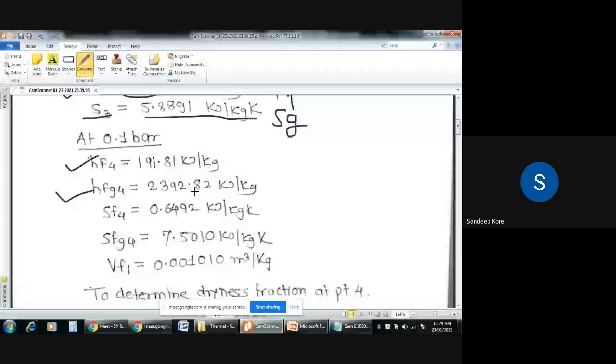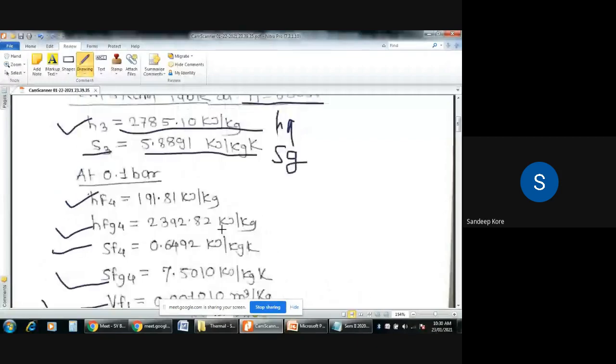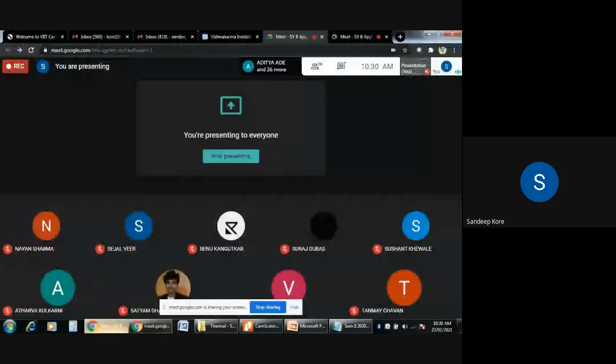Hfg, the latent heat of the working medium, is 2392 kilojoule per kg. Sf, entropy of the fluid, is 0.6492 kilojoule per kg Kelvin. Then the latent entropy Sfg, and Vf, the volume of the fluid at pressure 0.1 bar. These properties we have to note down from the steam table.